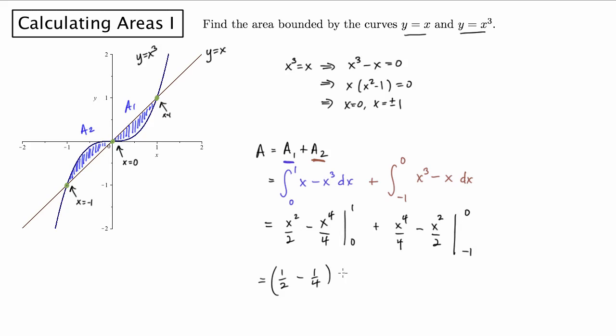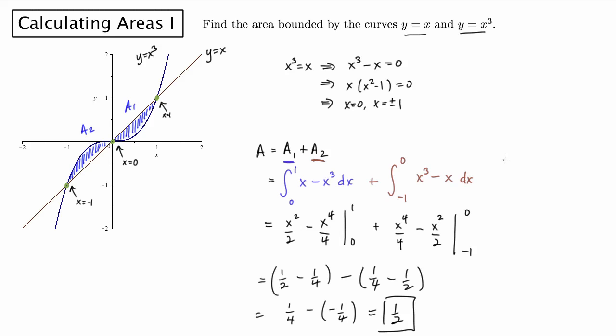Evaluating the next one, the 0 doesn't contribute, so I'm going to get minus. If I stick the negative 1 into here, I get 1/4. Negative 1 into here, I get minus 1/2. And so just looking at these two, we get positive 1/4 here, minus negative 1/4 here. So there's a total of 1/2 area inside these two curves.